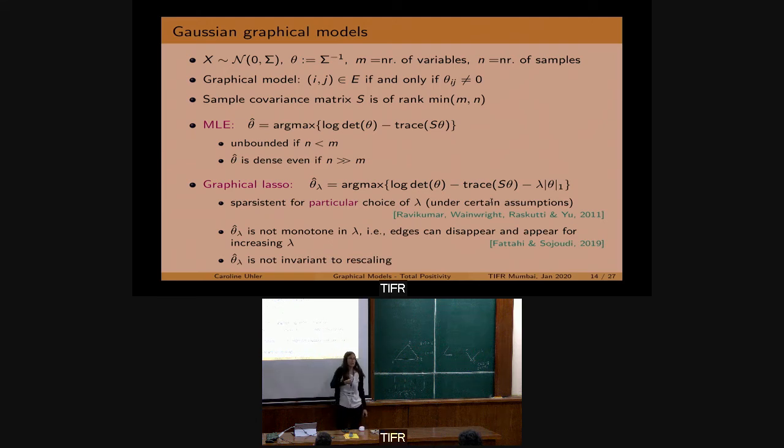If you're plugging in the sample covariance matrix or the sample correlation matrix, you get out something completely different. That just doesn't make any sense whatsoever, right? It shouldn't depend on how I'm plugging in the data. But it depends hugely what kind of graph you're getting out, whether you're plugging in the sample covariance matrix or the sample correlation matrix, or I'm scaling the variances in some other form.